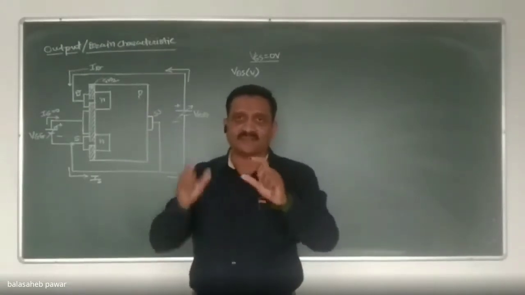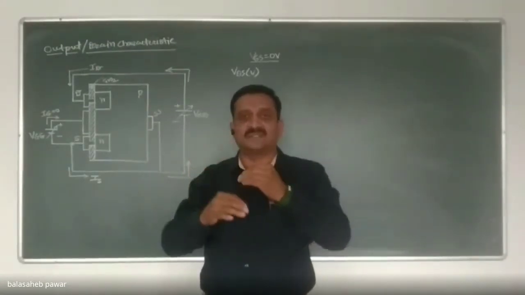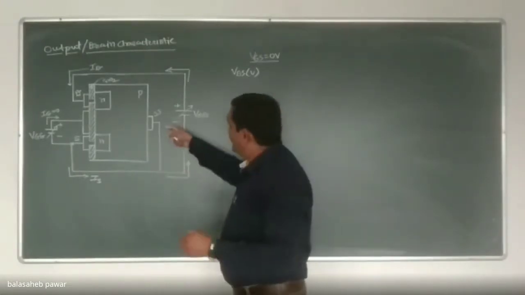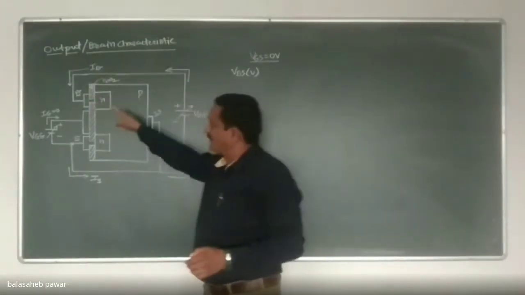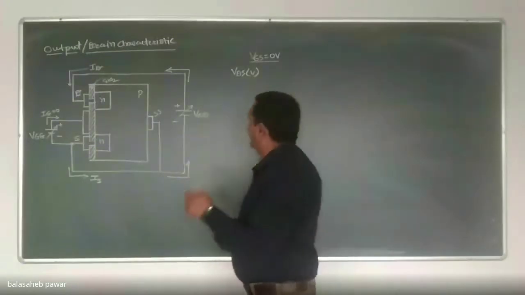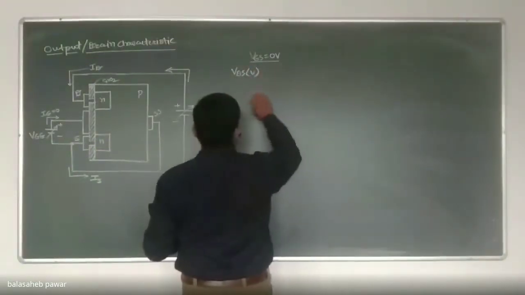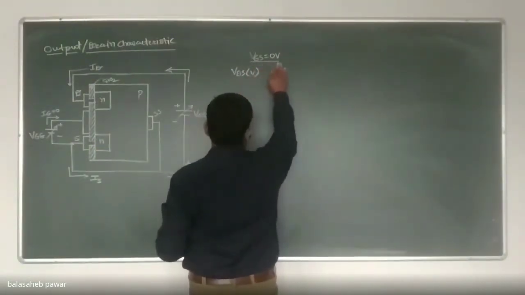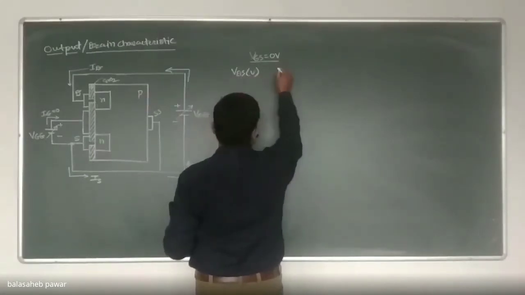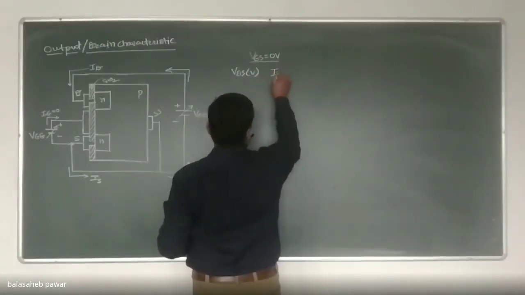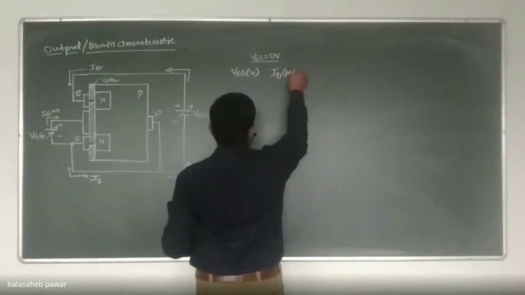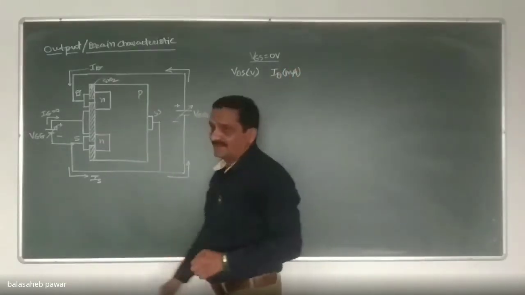By varying the voltage across drain to source, I will check the effect on the output current, that is the drain current ID. So I will prepare that first column for VGS equals 0, and by varying VDS in volts, I will note down the value of drain current ID in milliampere, right?